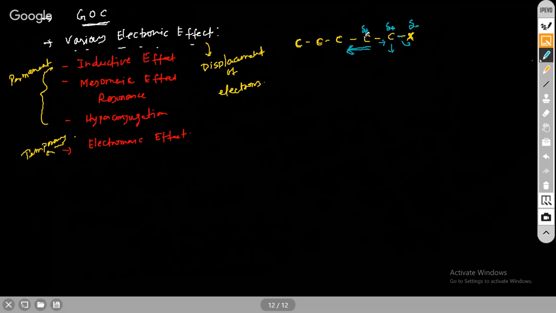We say that this kind of effect we call I effect, inductive effect. And why is it permanent? Because the molecule is an alkyl halide, and whenever this X is attached with this carbon, this thing we can observe easily. That's why it is a permanent effect.